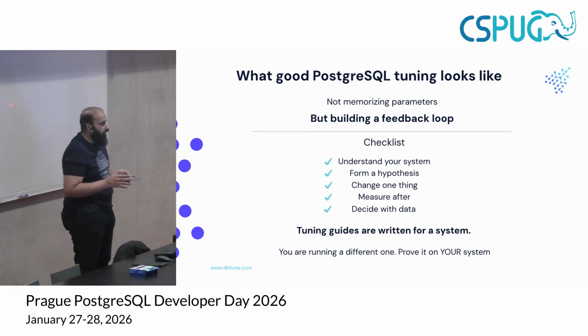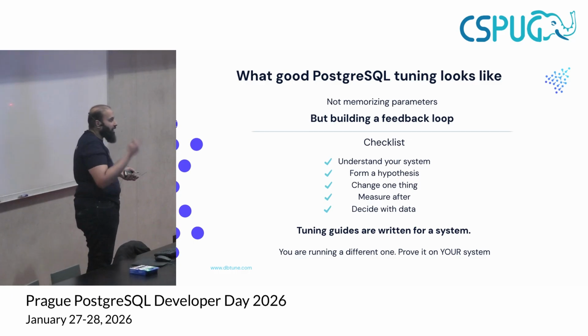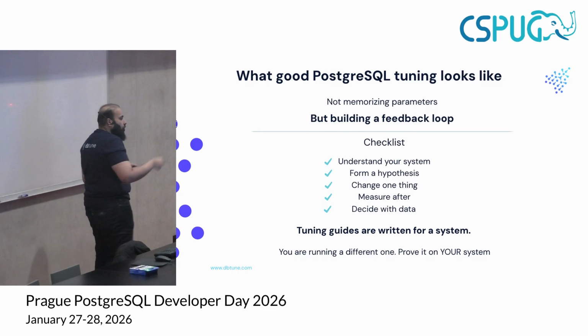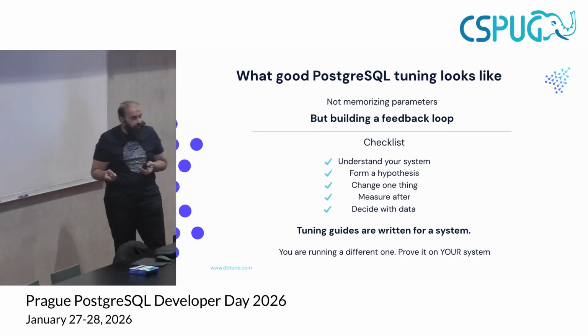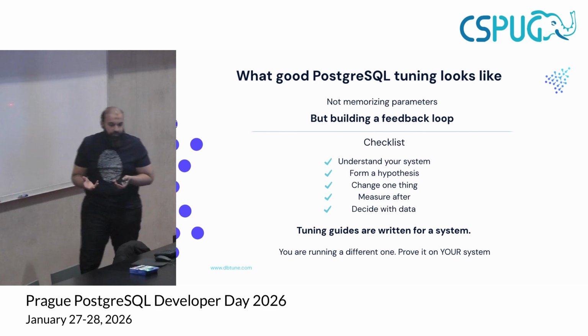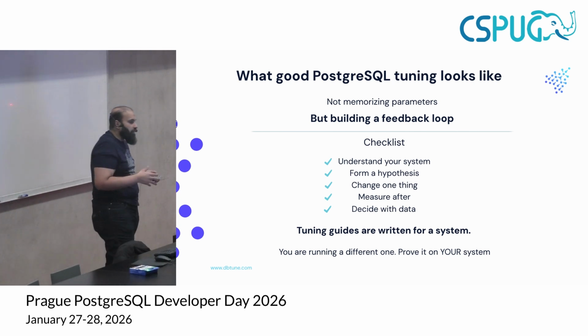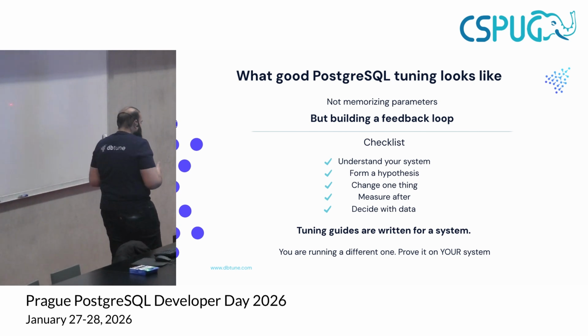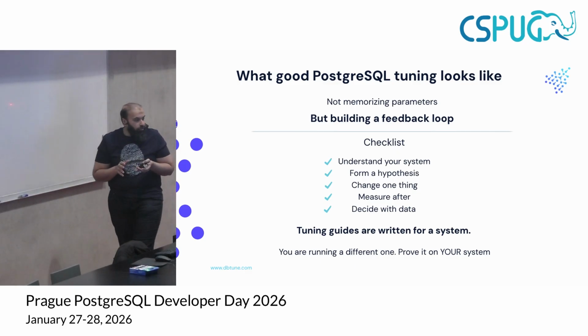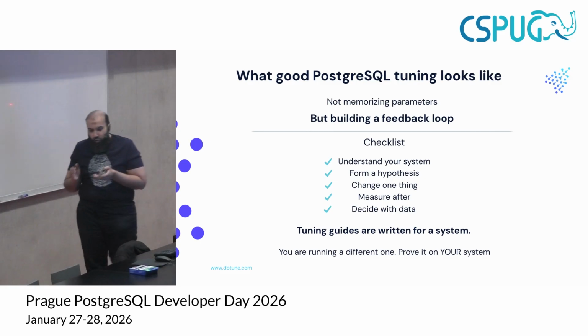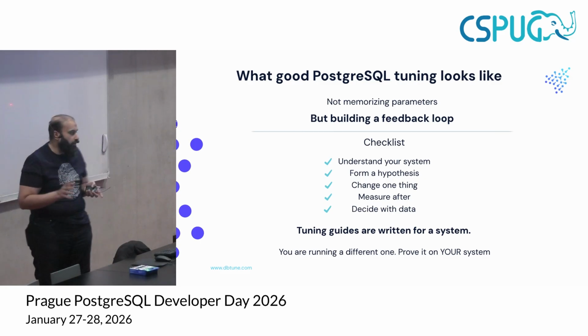Don't memorize parameters, just build a feedback loop. It's an iterative process. You need to understand and do it repeatedly. Try to follow the checklist that I presented today. Understand your system. Form a hypothesis, change one thing, measure, and then decide. The guides that you see on the web are built for their specific system. They are not built for your system. You are running your system, so you prove the guide on your system and make tweaks to it.